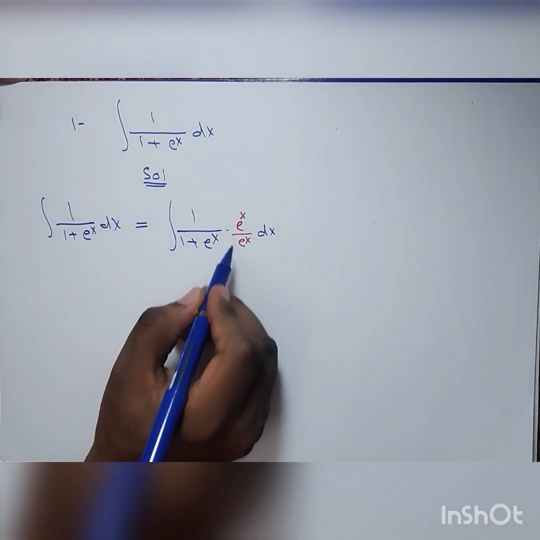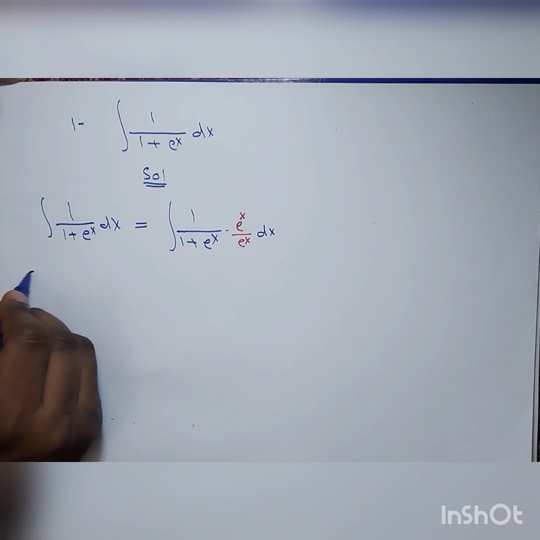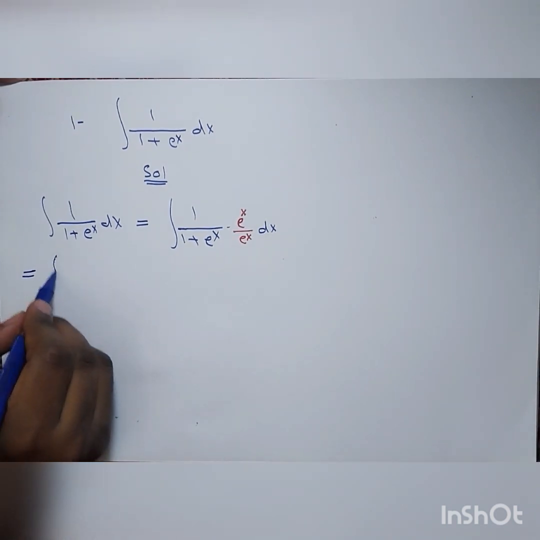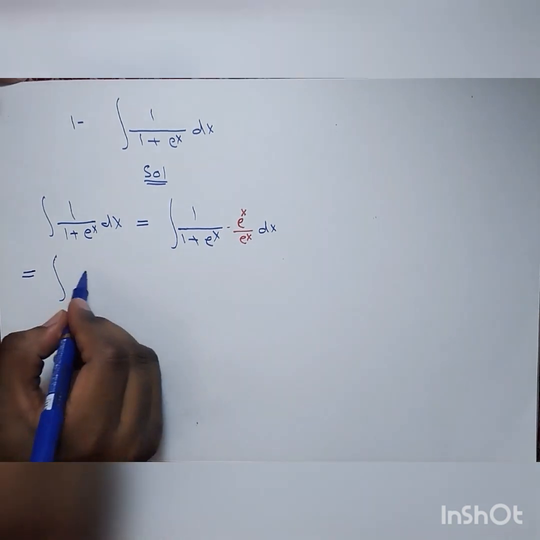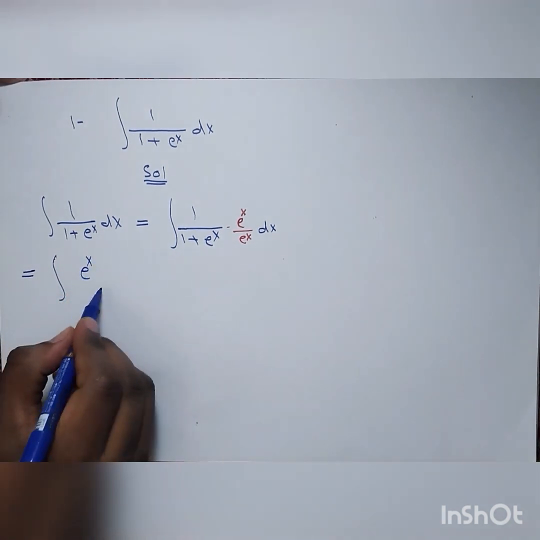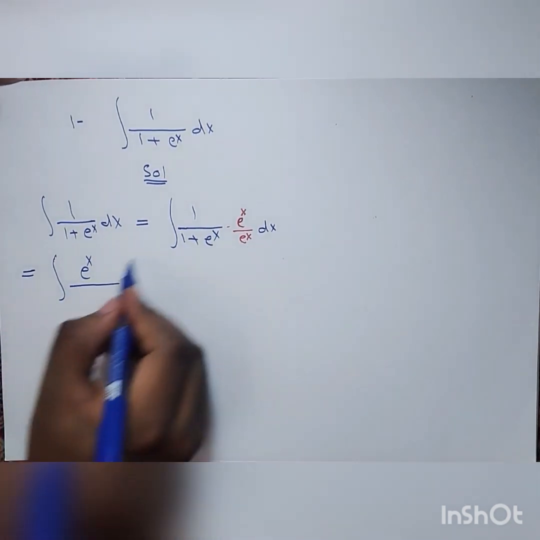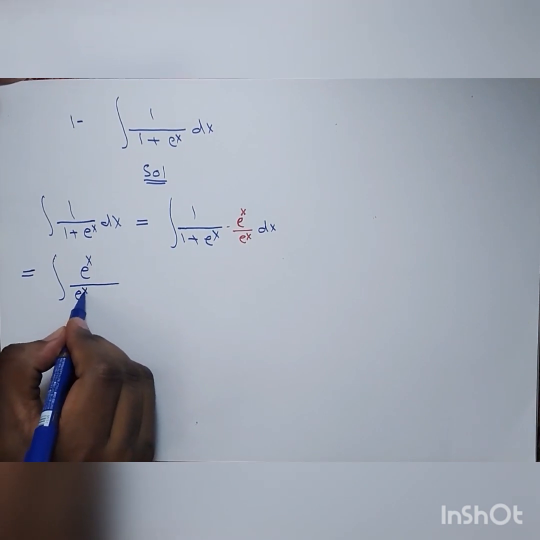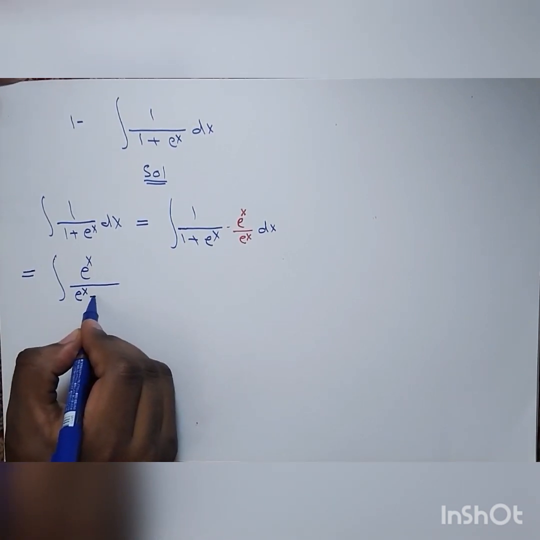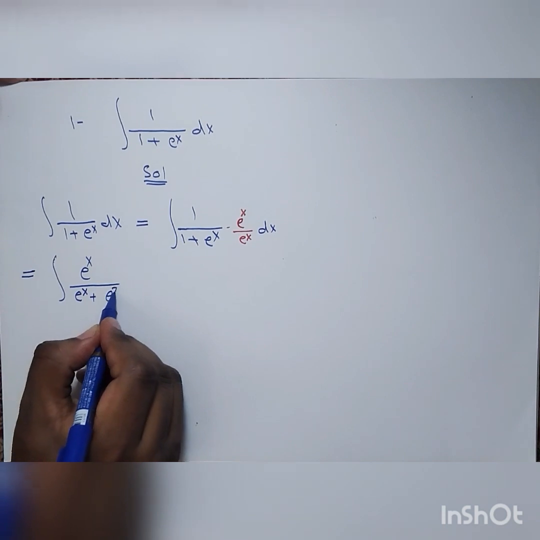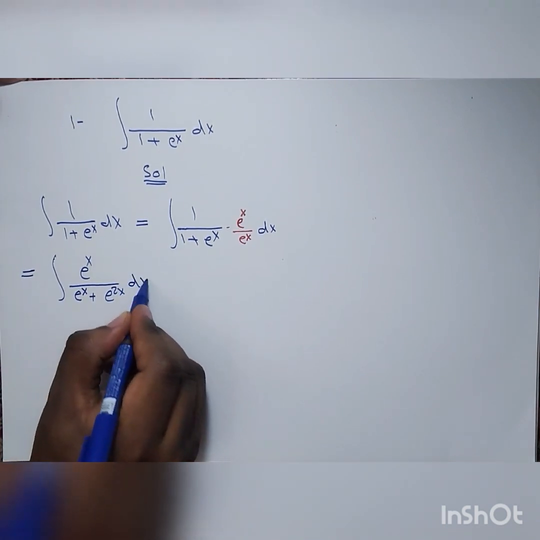So from here, now we multiply. This will be equal to e to the power x divided by e to the power x plus e to the power 2x dx.